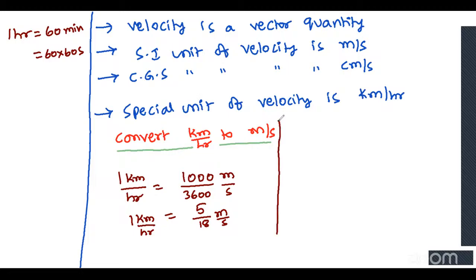Similarly, we can convert 1 meter per second equal to 18 by 5 kilometer per hour.